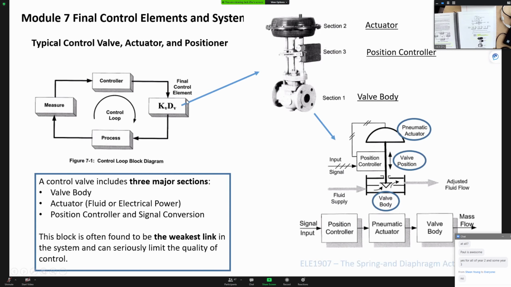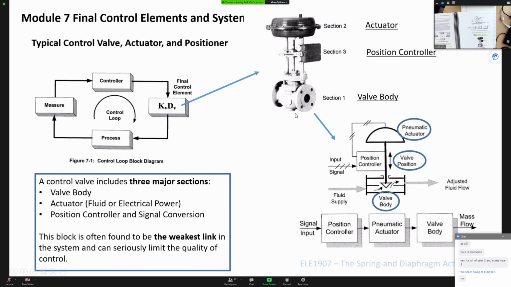So this is the final control element, and usually a valve has 3 parts: the body, the actuator, and the position controller or signal converter. They usually consider it the weak link in the system, because if the control valve is not doing a good job, the whole automatic control is not gonna perform as expected.